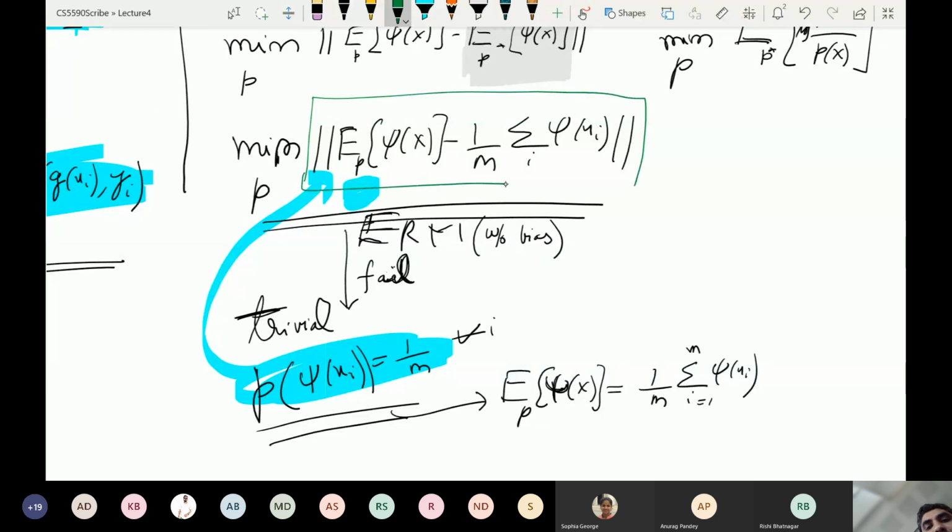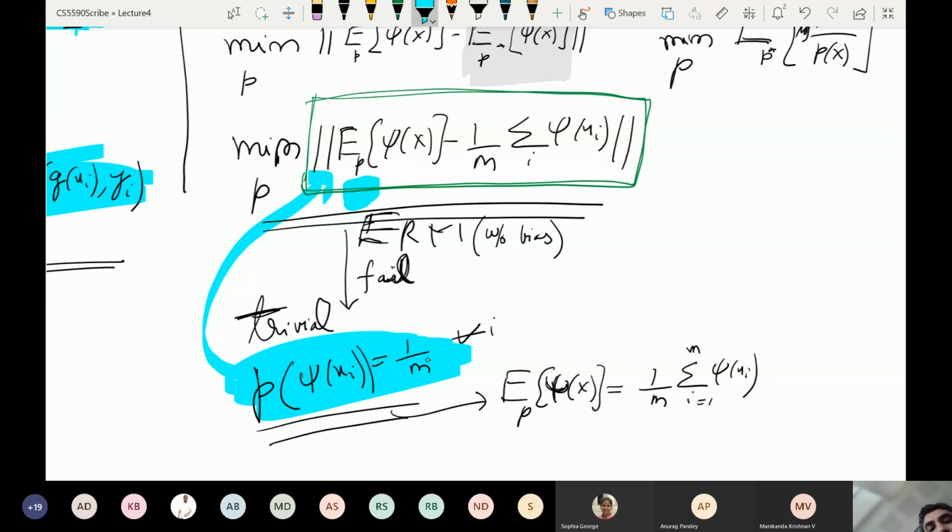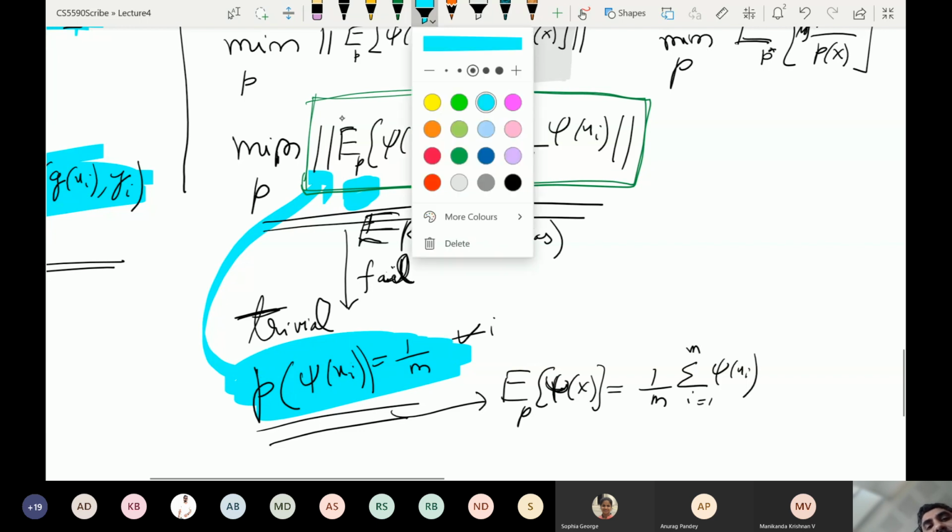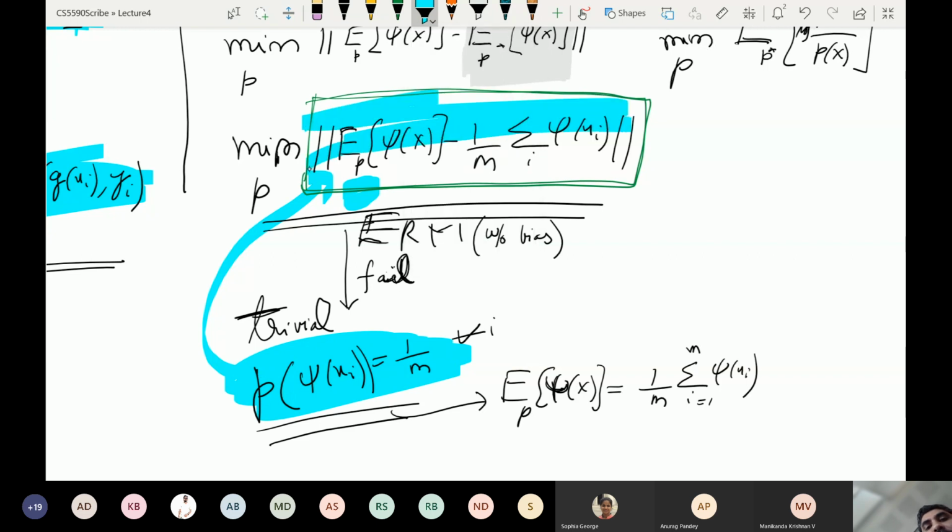Why? Because it's an absolute difference, a norm, and norms are always greater than or equal to 0. So I already showed you one distribution, a uniform distribution over these mapped training inputs, where the value of the objective is exactly 0. That means I have solved this problem. This is an optimal solution.